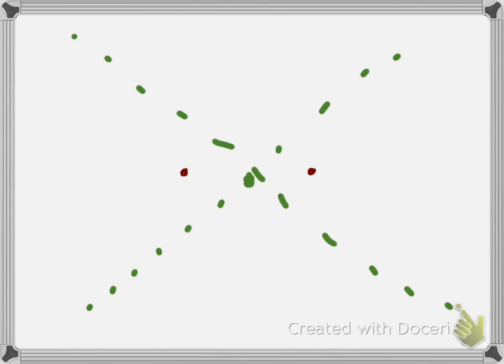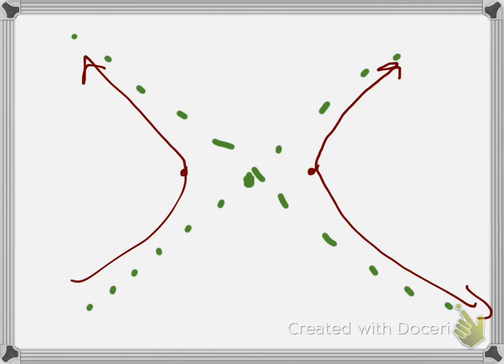You're also going to plot two vertex points, or two vertices. This is just a rough sketch of what we're going to be doing. And then from those two vertex points, you draw two parabolas that converge to your asymptotes. So that's kind of a rough idea of what a hyperbola looks like; this one would be horizontal.